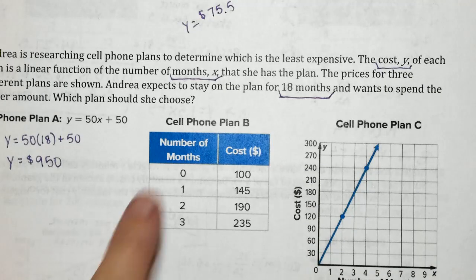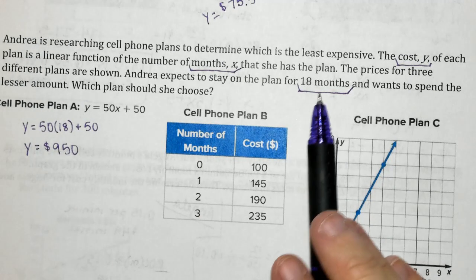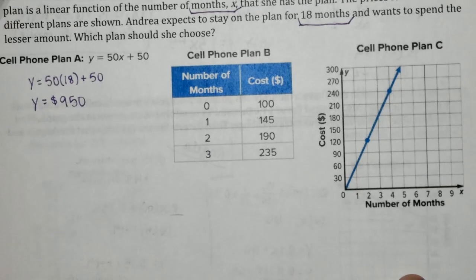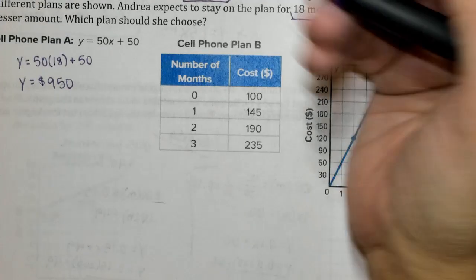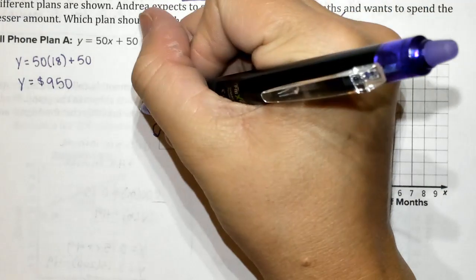Because the number of months only goes up to 3, and we want 18, I would absolutely not go all the way down to 18. It would be easier if you just set this up and wrote it as an equation. So let's find our slope and our y-intercept. So slope, our rate of change, we're going up by 1 on this side.